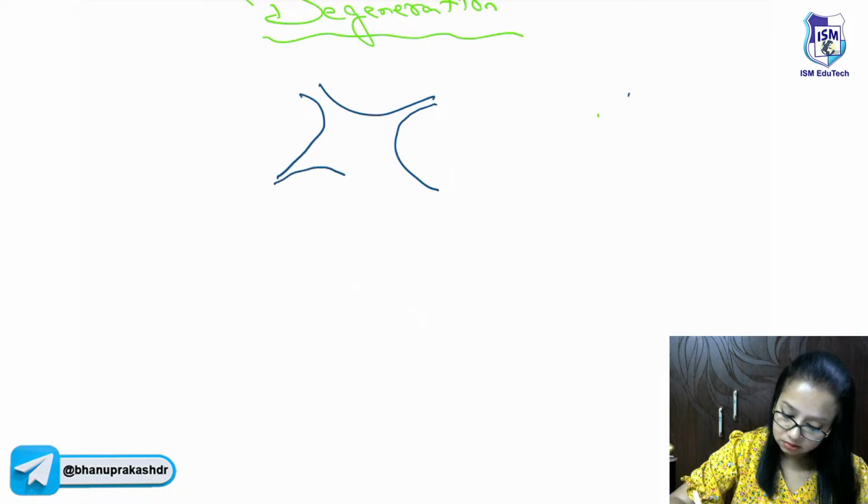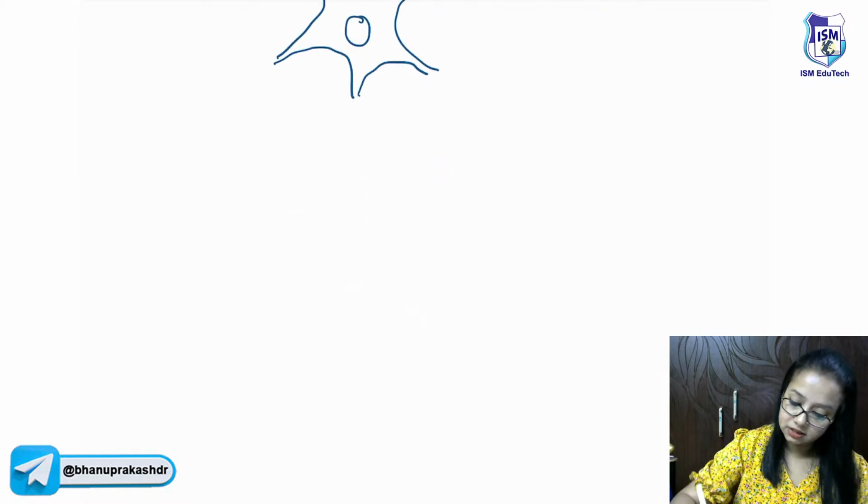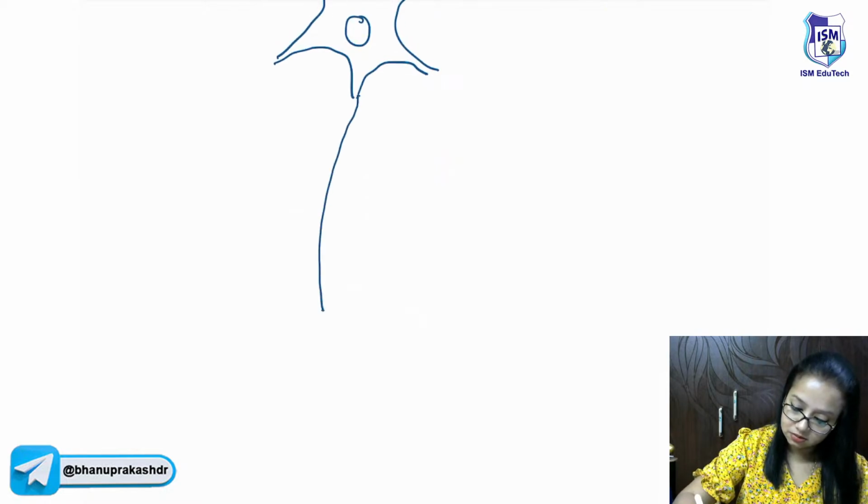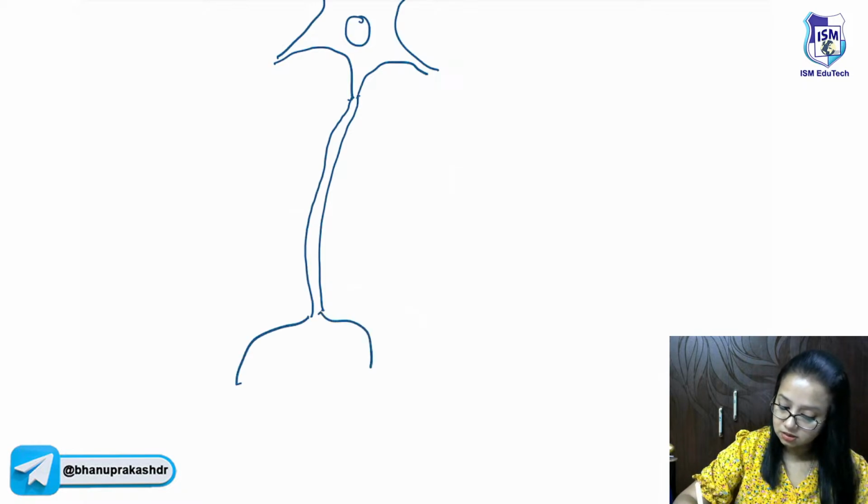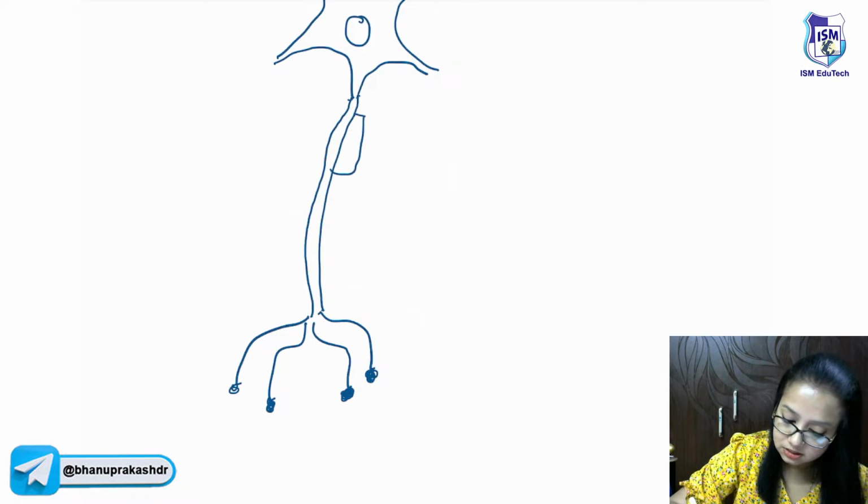Okay, first degeneration. Going by the diagram, it is like this. See, this is our cell body of a neuron. This is our axon. This is our synaptic knobs. Okay, and these are the myelin sheath.